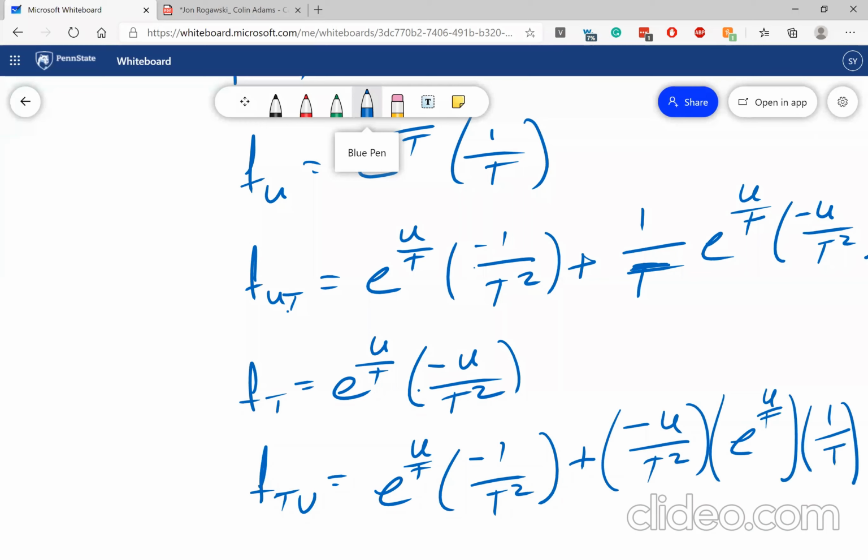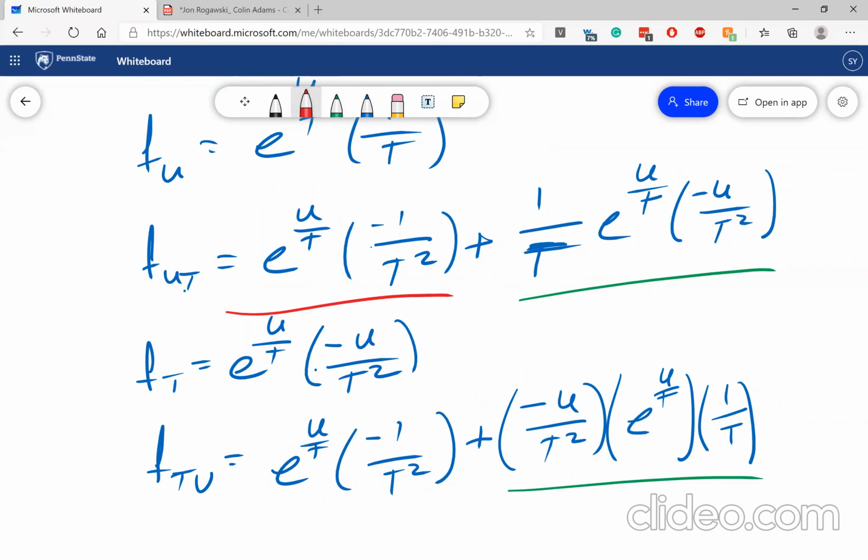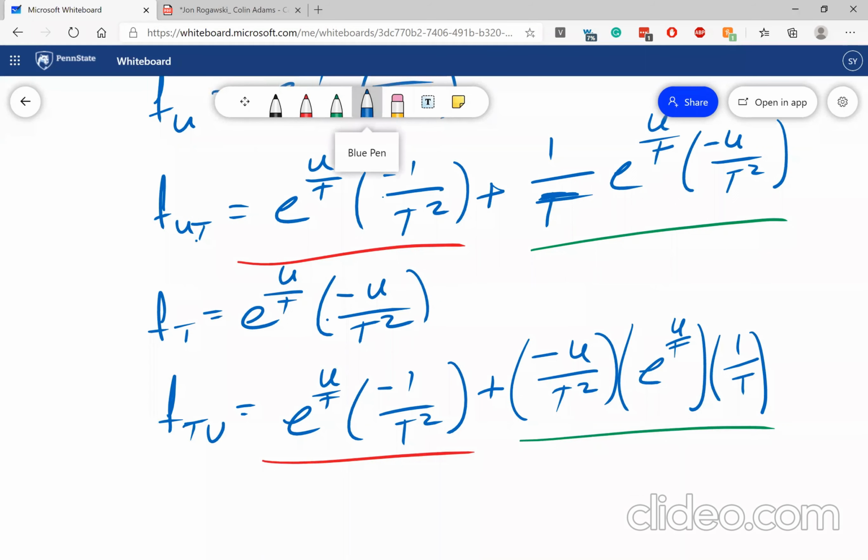So how does this work out? This part is equal to that part, and this part is equal to that part. Perfect. So we have that f of ut is equal to f of tu. Any questions about this?